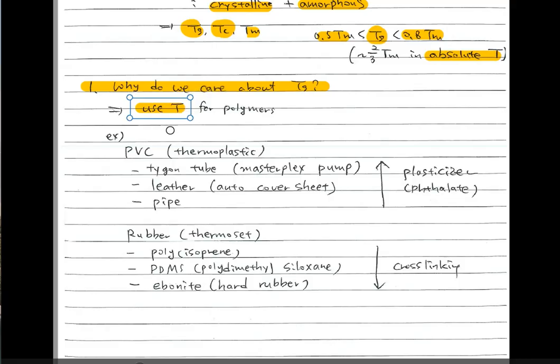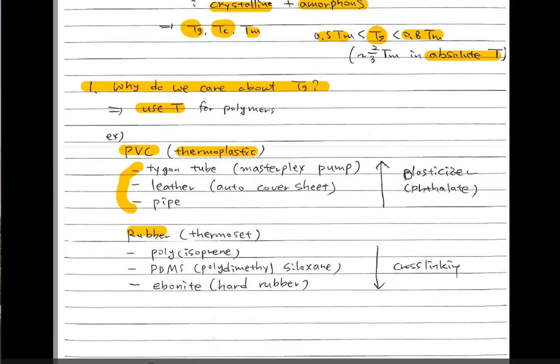For example, let's see two representative examples: polyvinyl chloride, PVC, and rubber. PVC is an example of thermoplastic, and there are many different kinds of PVC, including Tygon tube, leather, or pipe. All these three are PVC, amorphous polymer.